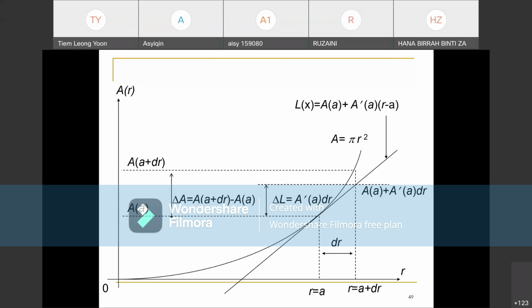The differential here is actually the linearization that we mentioned in the first part of this lecture. So A prime of a refers to the derivative at the point a, and when you multiply this by dr, it gives you a differential, which we call delta L. This delta L is then a good approximation to delta A.